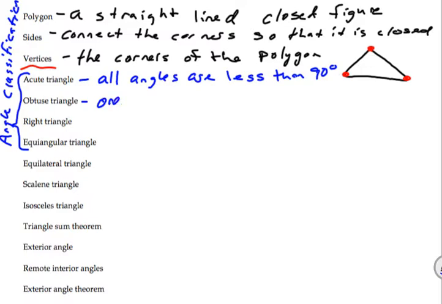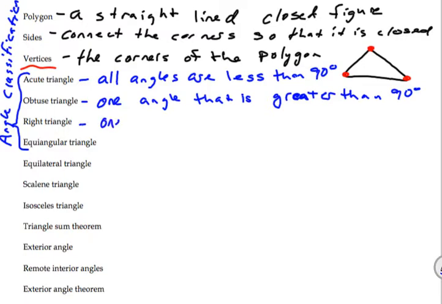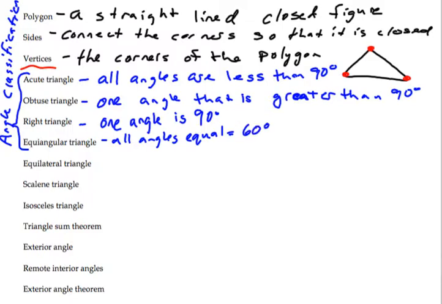Obtuse: you just need one angle that is greater than 90 degrees. A right triangle has one angle that is 90 degrees. An equiangular triangle has all angles equal, and all of them are going to equal 60 degrees. So those are angle classifications.